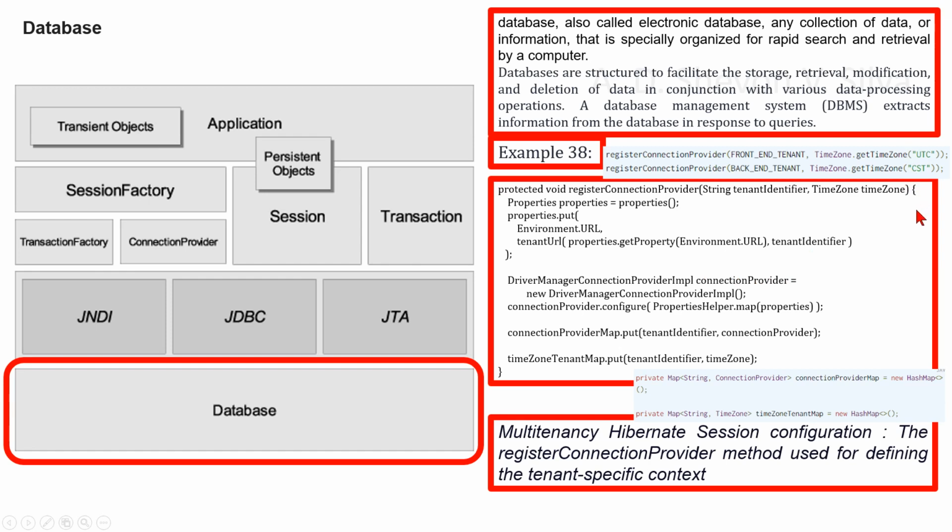For instance, each tenant could specify a different time zone configuration. Here they are registering the tenant specific time zone information. The registerConnectionProvider method is used to define the tenant specific context.